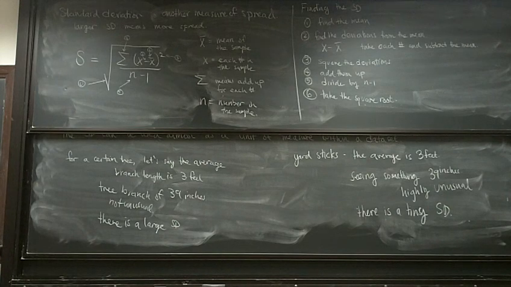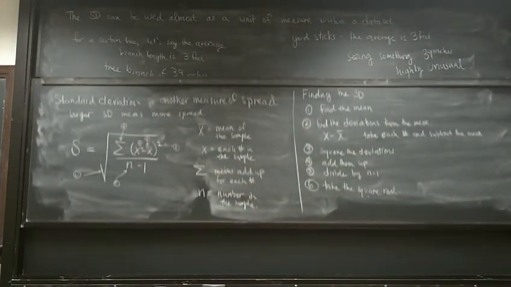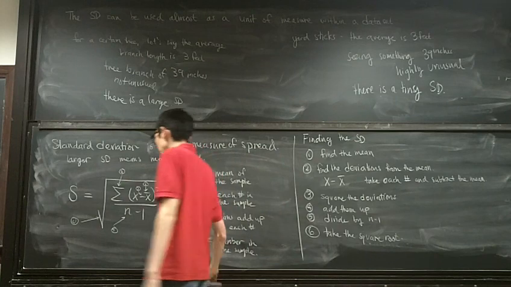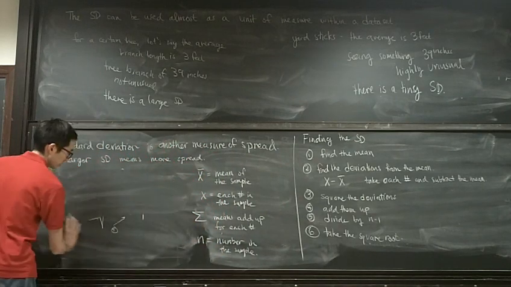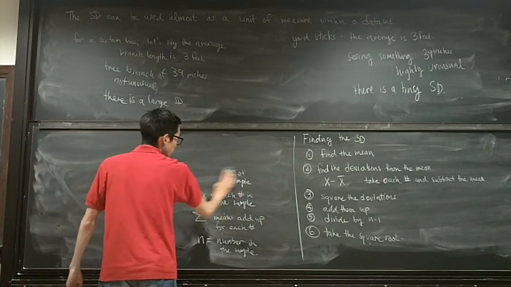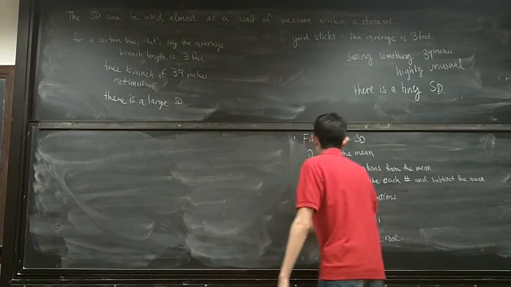We will probably allow maybe a millimeter of difference, but probably not a whole lot more than that. Otherwise, we'll say these are poor quality yardsticks, I don't trust them. The standard deviation allows us to get an idea of what is unusual or not unusual.